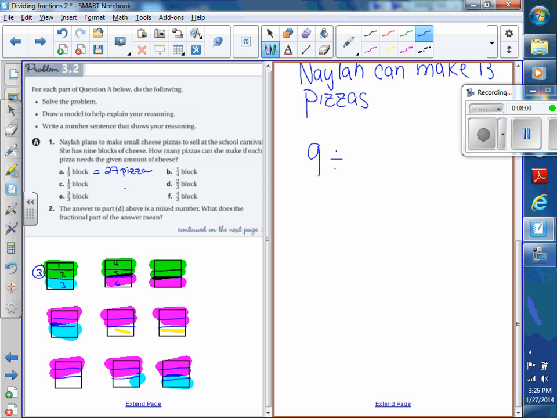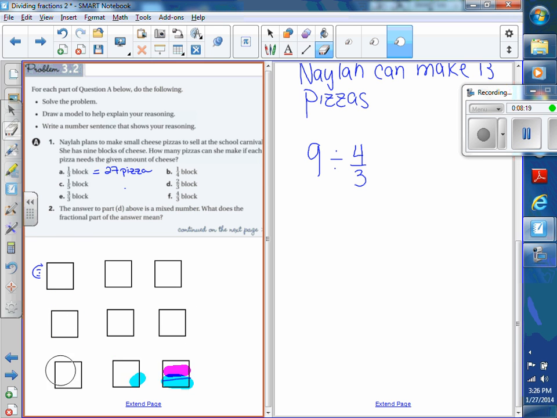Yes, you could do that with a picture. You could also do it with division. So we would be doing this division problem. What he's saying is, he noticed in 3 blocks, if I look at my blocks, again, it's a little time consuming, but if I look at 3 blocks, each block, I need that much for 1 pizza.